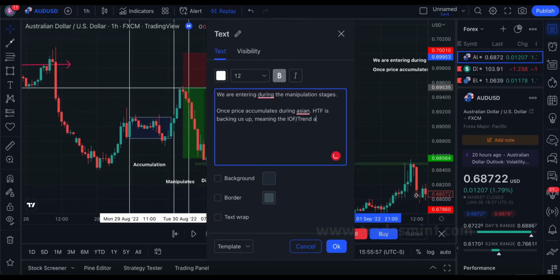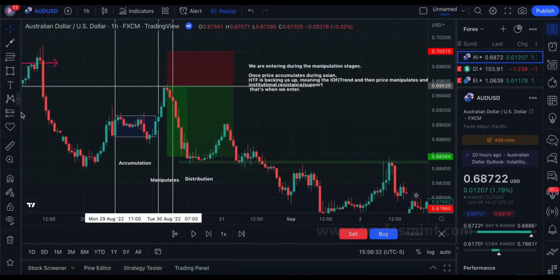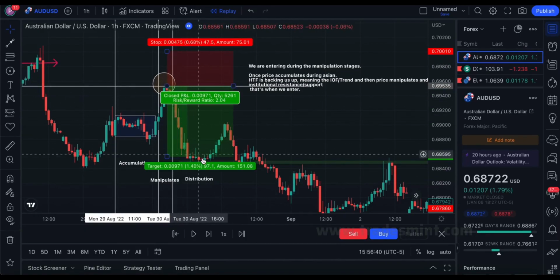And then price manipulates, grabs liquidity, a liquidity grab, and hits an institutional resistance or support. That's when we enter. So as we can see here, this is the manipulation stage, and this is exactly when we enter. And then during the distribution stage is when price will come to our TP.